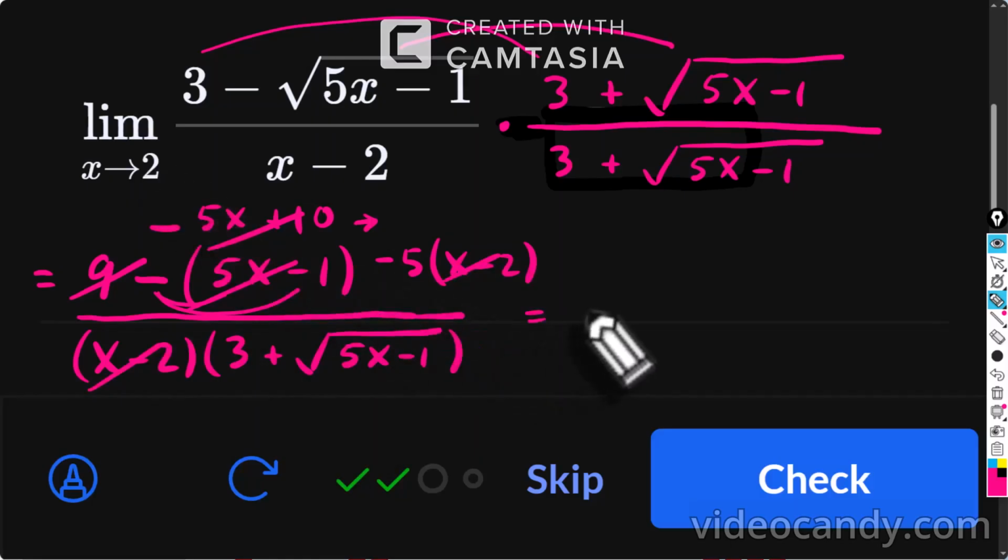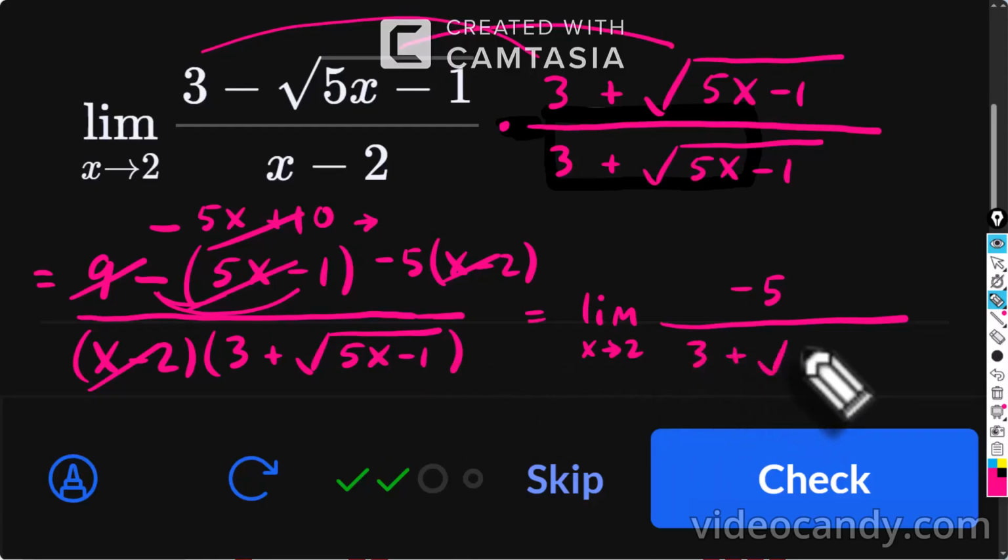And we have the limit as x approaches 2. On top we have negative 5. Bottom we have 3 plus radical 5x minus 1. And now we can use direct substitution.